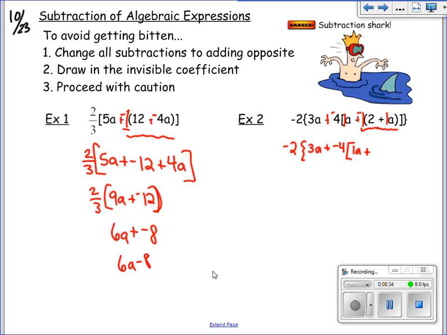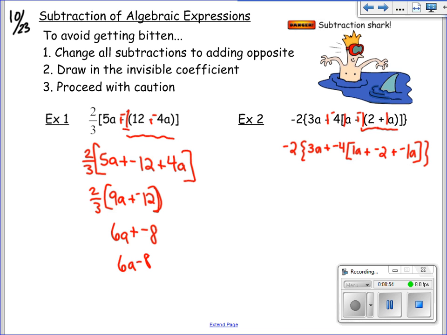When I distribute this through, I'm going to get rid of those parentheses. What's -1 times 2, Novacek? -2. Good. And what's -1 times 1a, Caitlin? -1a. Good. Close my square brackets, close my curvy brackets.